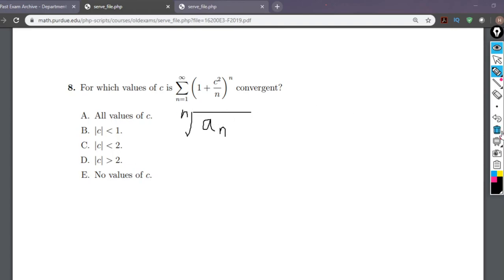So now, let's take the limit of n approaching infinity of this, which is the root test. Then you will have the original series here.